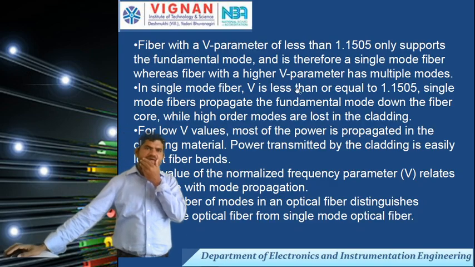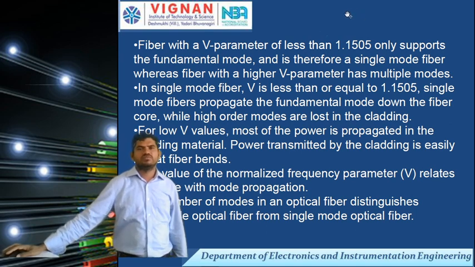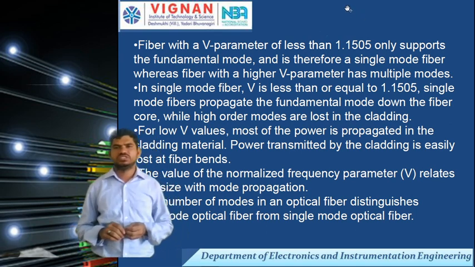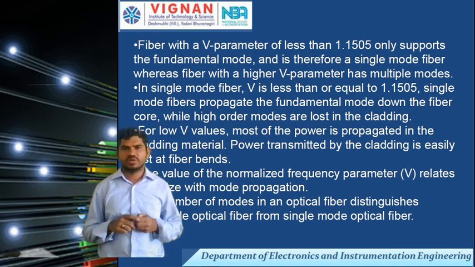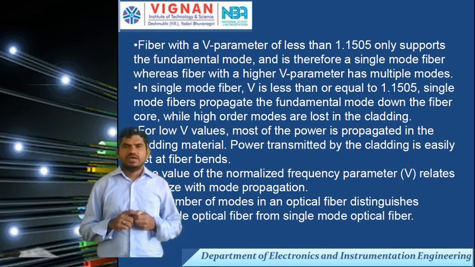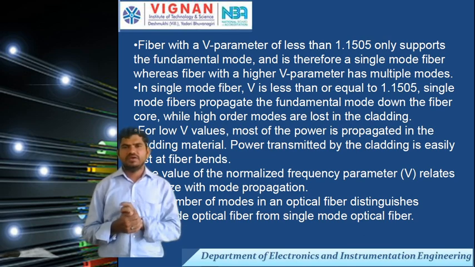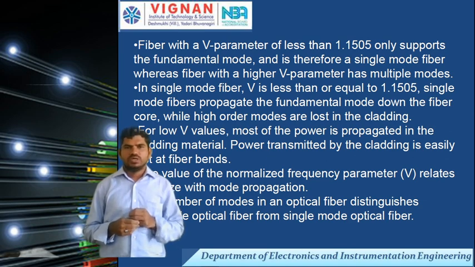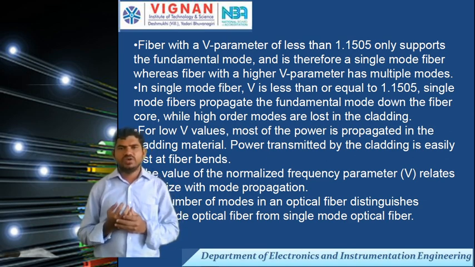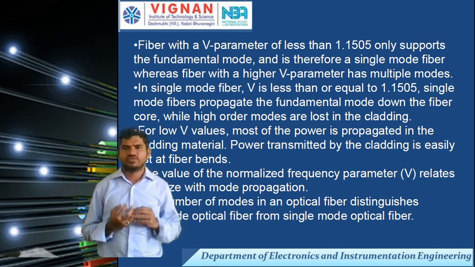A fiber with a V number of less than 1.1505 can support only a single mode, whereas a fiber with a high V parameter supports multiple modes. In a single mode fiber, V is always less than or equal to 1.1505.